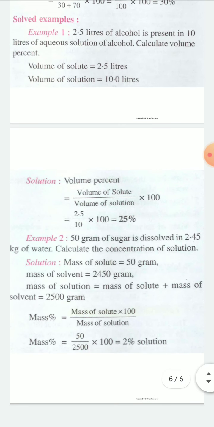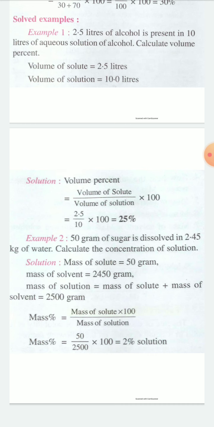Now some other examples. Example 1: 2.5 liter of alcohol is present in 10 liters of aqueous solution of alcohol. Calculate volume percent.